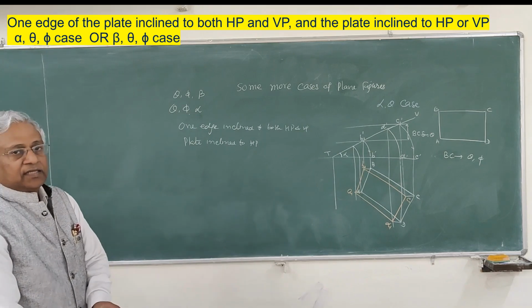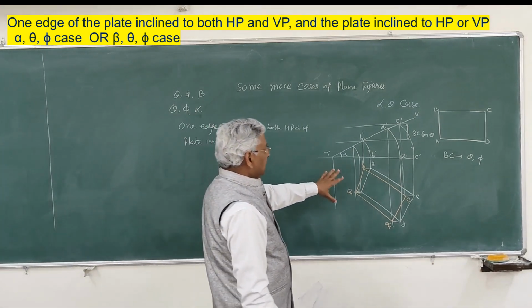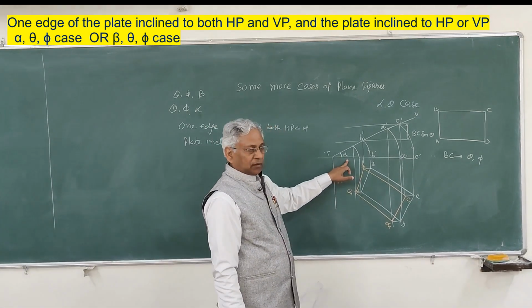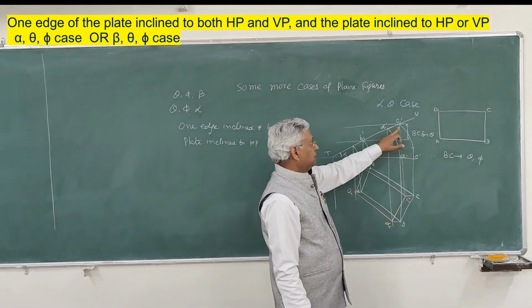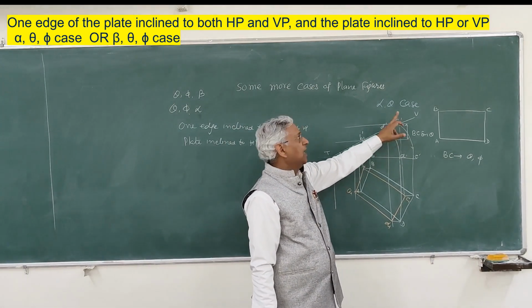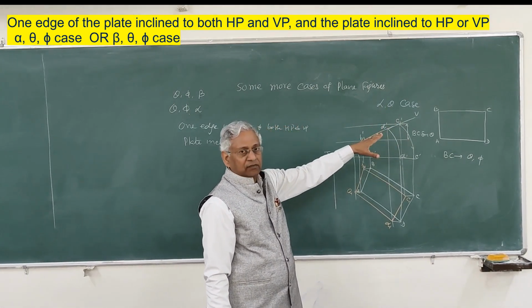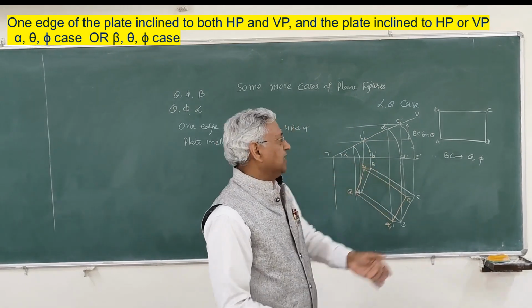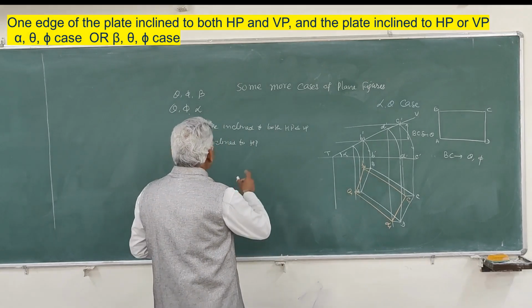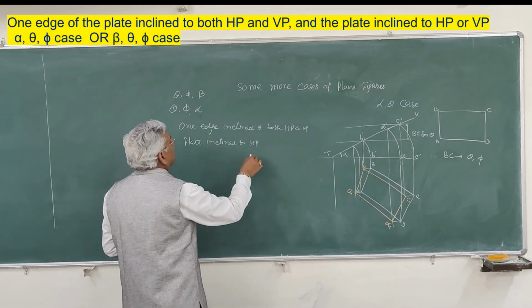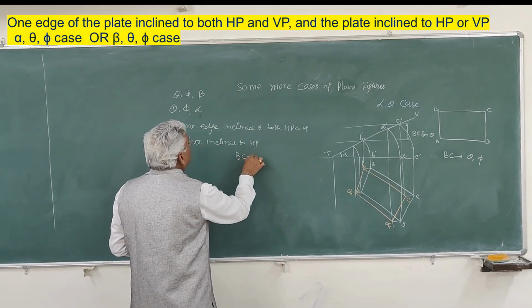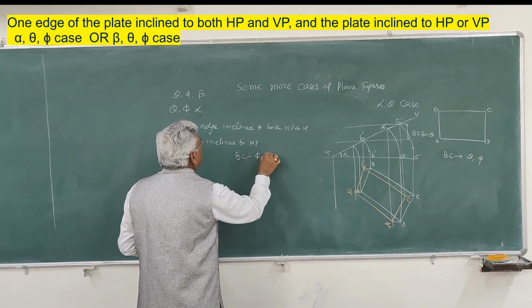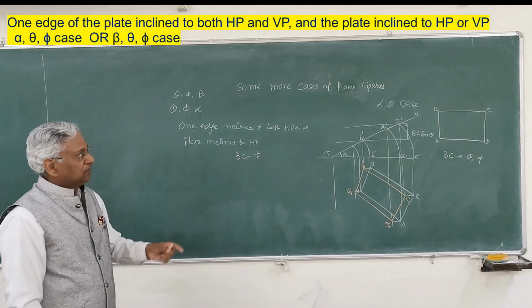Now this is the case when the plate is inclined at angle alpha with the horizontal plane, and one edge BC is inclined at angle theta with the horizontal plane. Now we have to add the condition of phi, that this edge BC is inclined to the vertical plane also at angle phi.